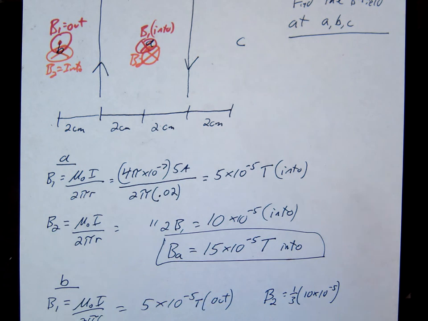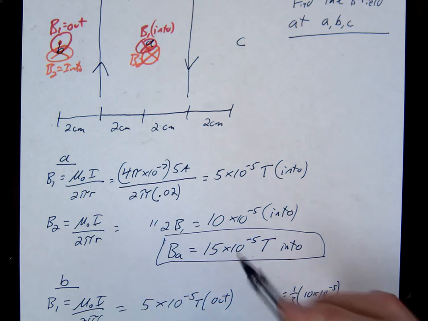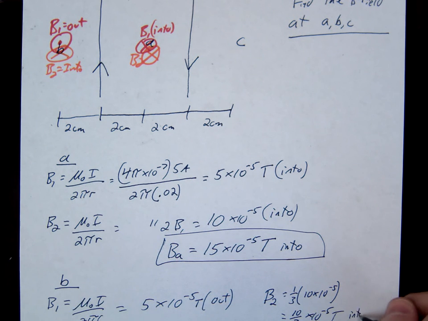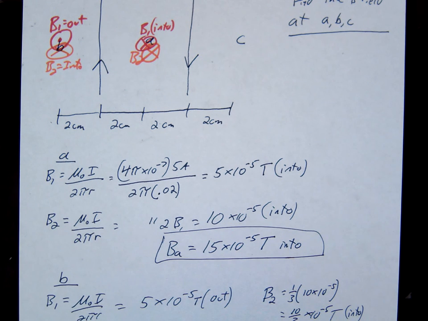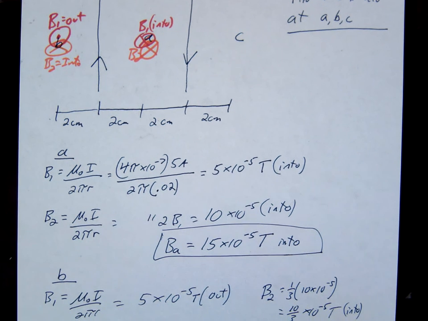Again, if they were weird numbers, you'd just want to go ahead and calculate it. But in this case, we can just say it's 10/3. And we just determined that was into. So notice these are in opposite directions, which means what's going to happen? They're going to be subtracting each other, right? This is out, this is in, subtract the 2.